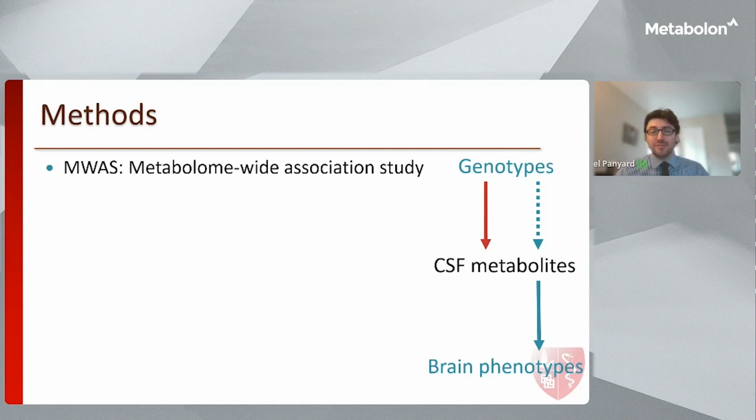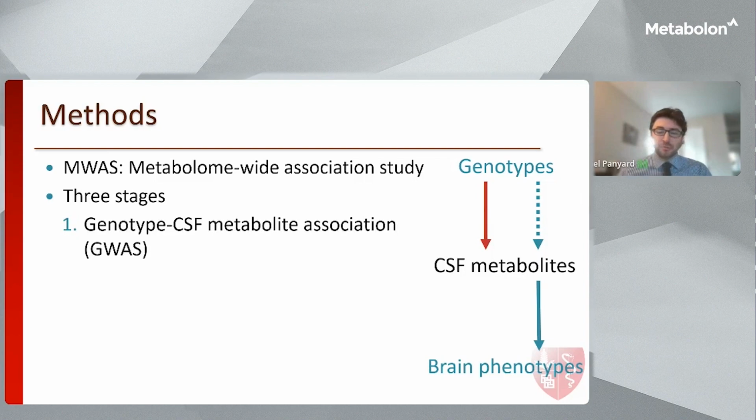So to set up and support this method, there were three stages of analysis we went through. The first was just understanding the relationship between genotypes and CSF metabolites, which in our case was conducting a GWAS, a genome-wide association study of each CSF metabolite in our data set, just to understand what the genetic architecture was.